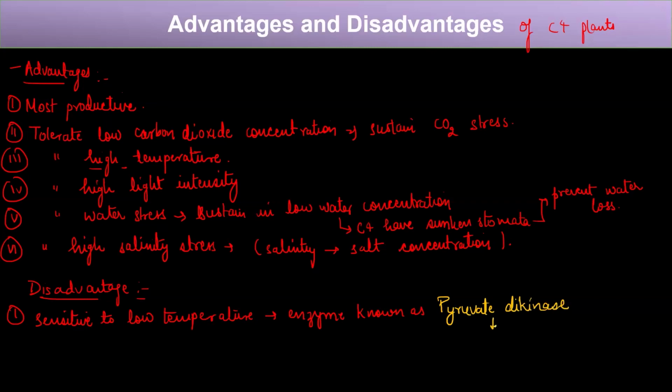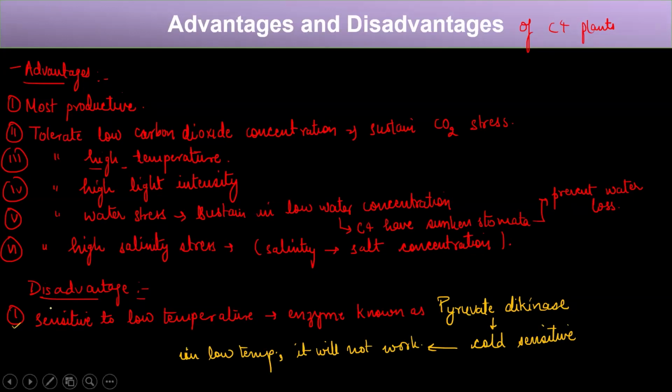And this pyruvate dikinase is sensitive to low temperature. So it is cold sensitive. Under low temperature conditions, it will not work, or you can say its efficiency will reduce.